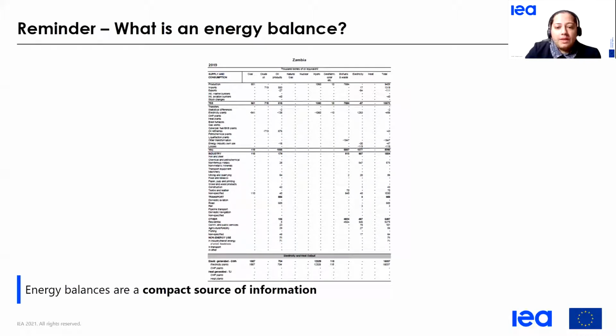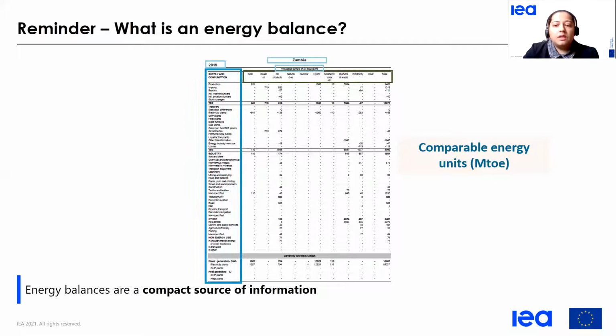The energy balance is a presentation of the basic supply and demand for all fuels in a manner which shows the main fuels together, but separately distinguished and expressed in a common energy unit. It takes the form of a matrix where the columns present all the different energy sources, that is products, and the rows represent the different flows grouped into 3 main blocks: energy supply, transformation, and final consumption.